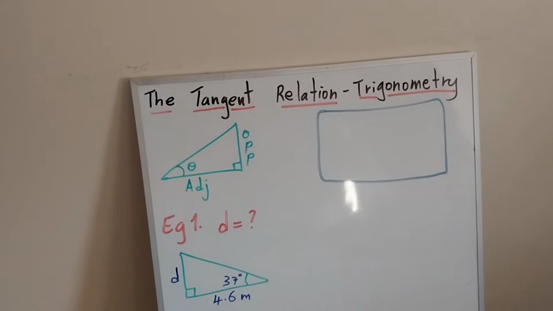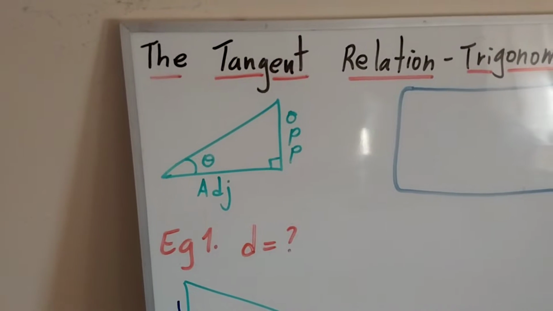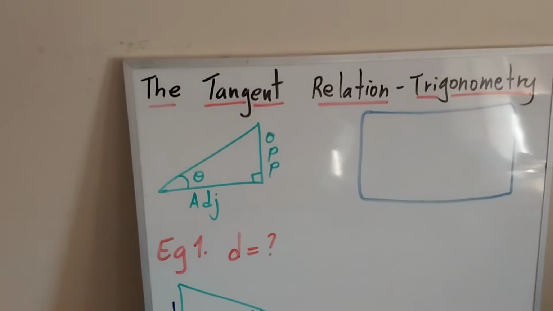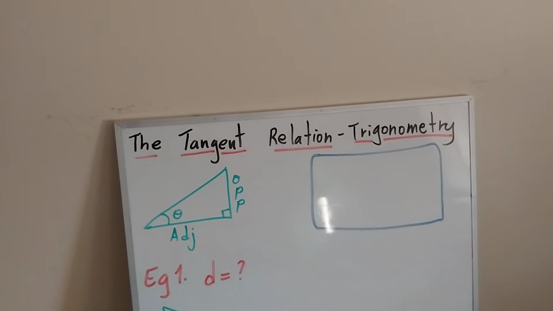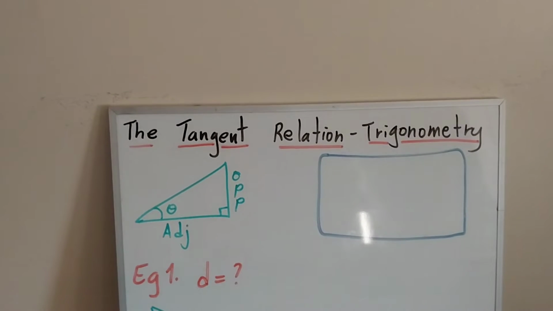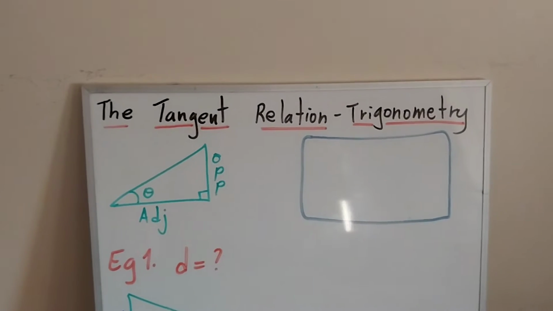Sine, cosine, and tangent. If you're given a right angle triangle and there's a given angle and the length of the adjacent side and the length of the opposite side, the trigonometric ratio of tangent can help us solve this kind of triangle for an unknown length or an unknown angle.